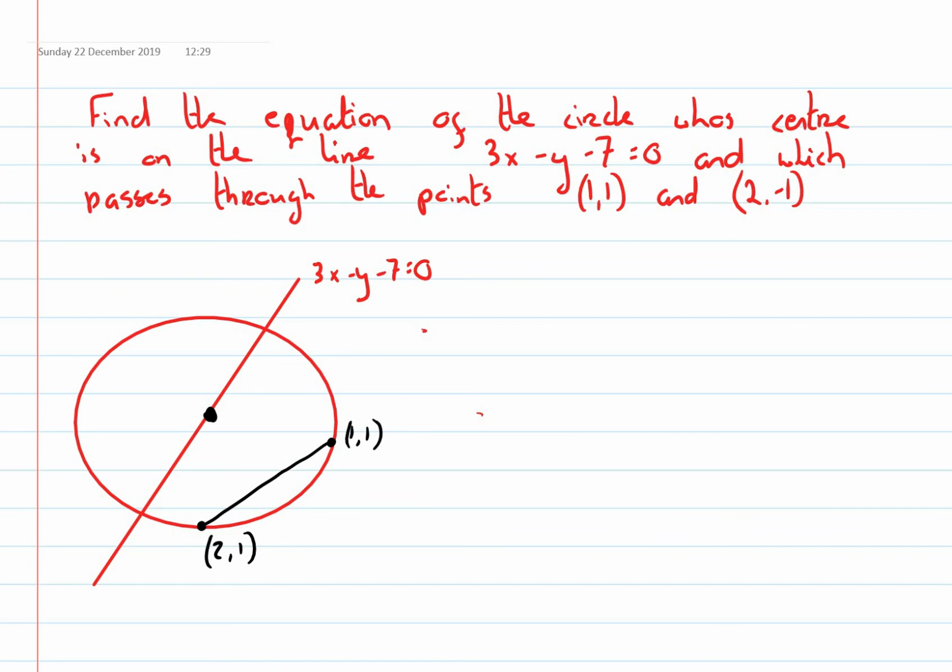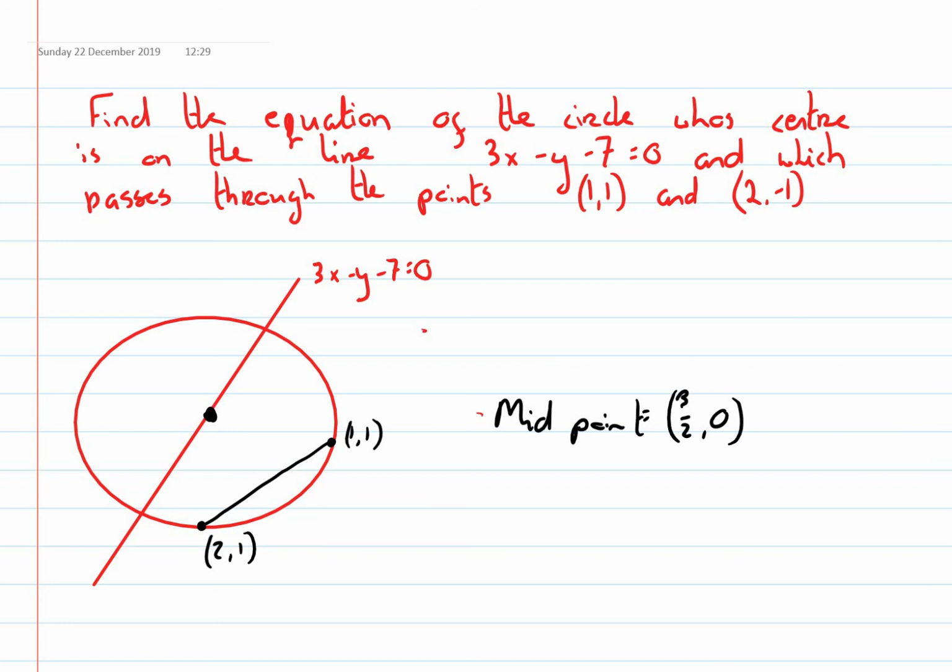And when I do find the midpoint, I will get 3 over 2, 0. So midpoint is 3 over 2, 0.